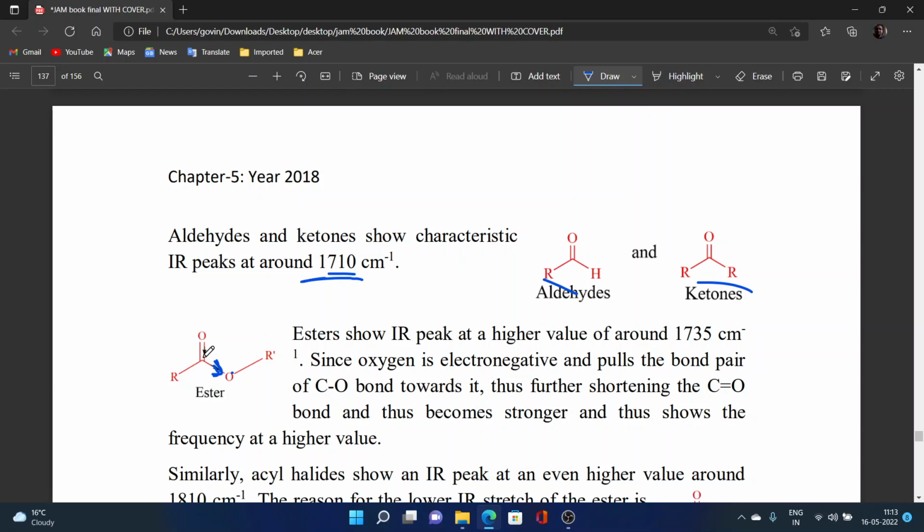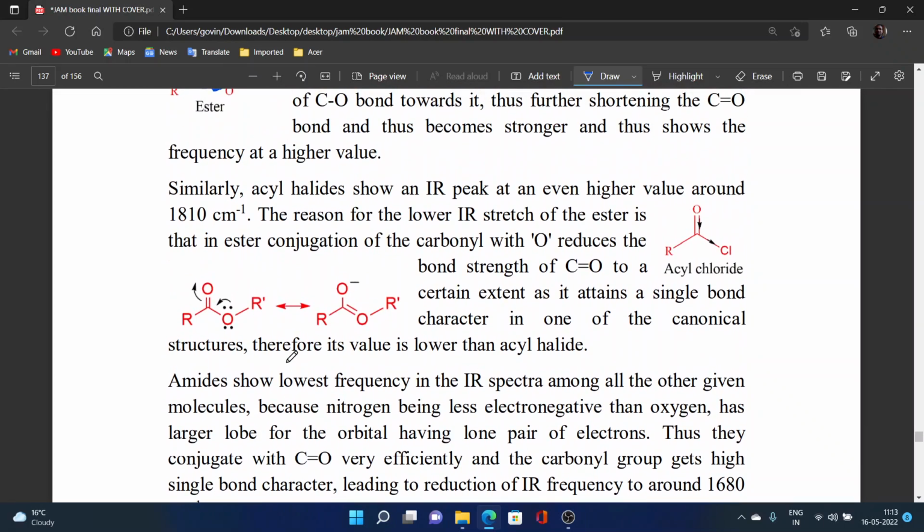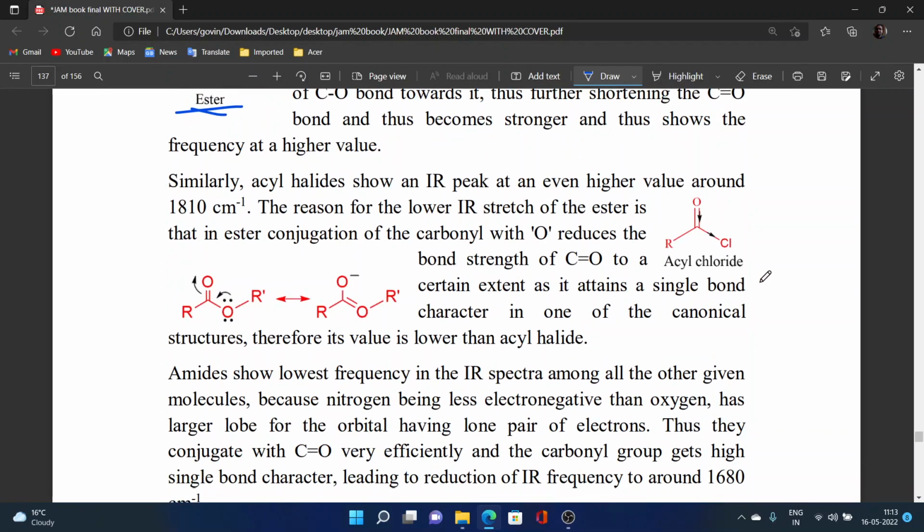These electrons are being pulled, so this double bond becomes shorter, and therefore the strength of the bond becomes higher, and therefore the IR value increases. When you come to acyl halide, the same thing happens, but it has a much higher value. Ester shows around 1735. Remember, ketone shows 1710. Ester is 1735, higher value. Acyl halide is even more, around 1810.